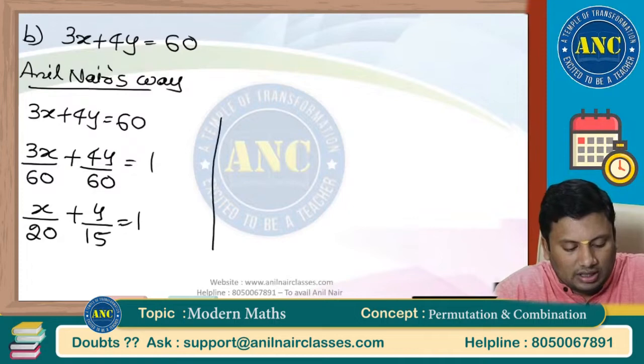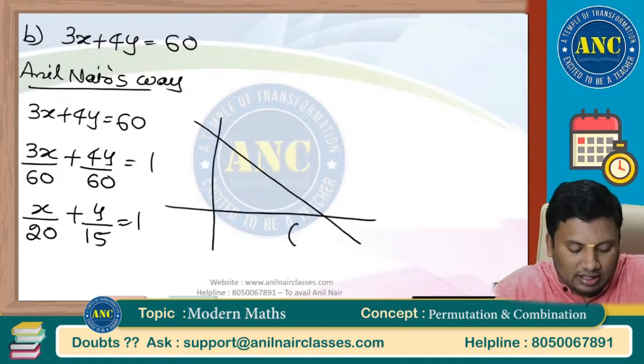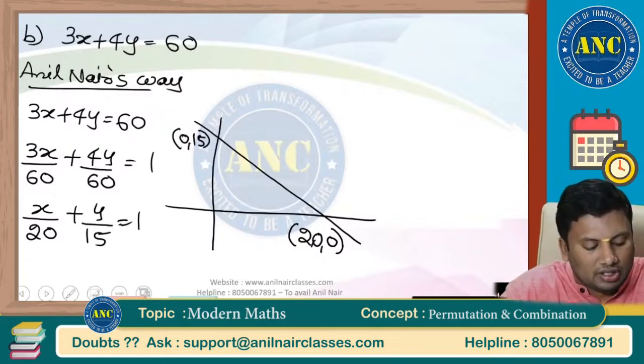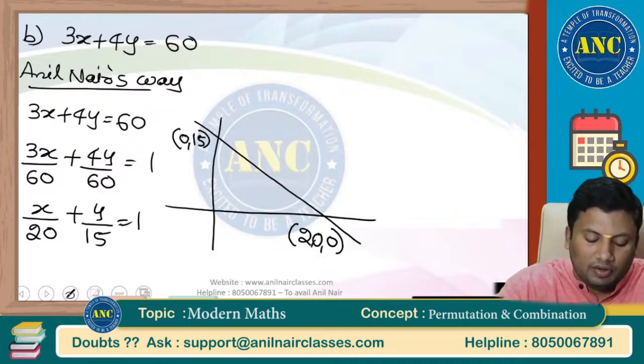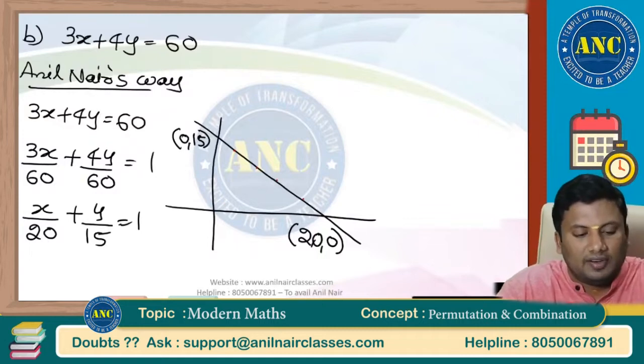So in coordinate geometry, the axis intercepts are 20 comma 0 and 0 comma 15, that is a comma 0 and 0 comma b. Now if you see here, there are some points lying on this line. All these points are positive, except x 0, y 0, where I will get a negative.